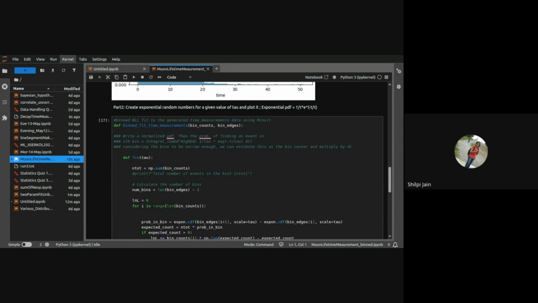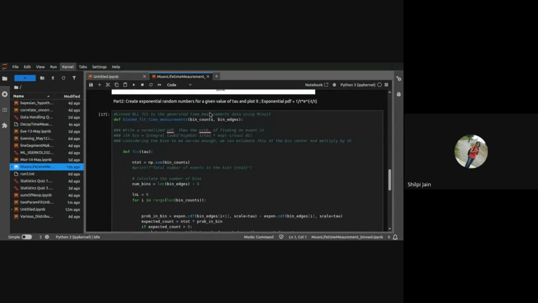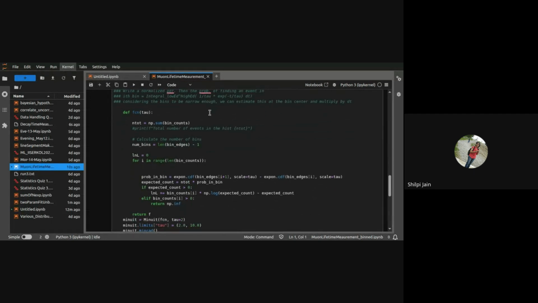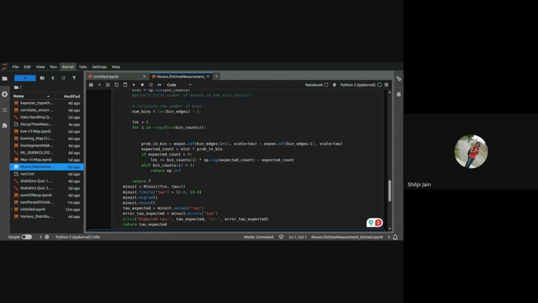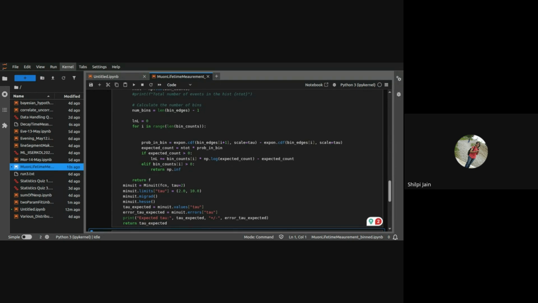Can you scroll a little down? Okay, but what is f? You haven't assigned it, so this function is returning f. F should be equal to minus 2 log L. So you just have to assign the value of f. I think that's the problem you're facing.